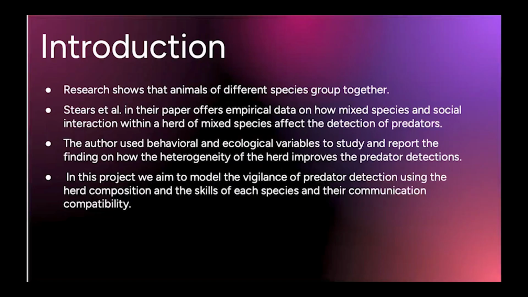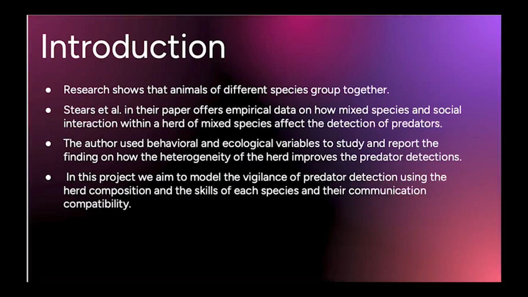Research shows that animals from different species often form mixed groups for survival advantages like improved foraging and predator detection. In the paper, Mixed Species Herding Levels the Landscape of Fear, the author provided some empirical data on how herd composition and social interaction affects predator detection.